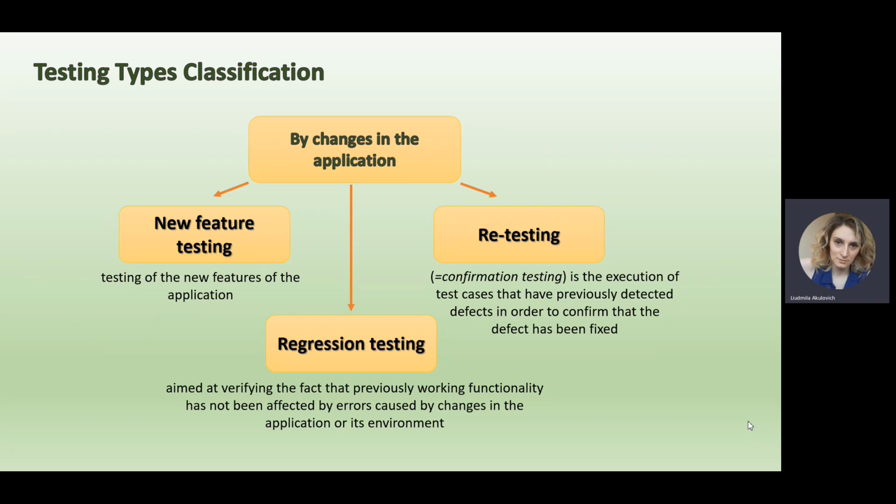In the case of retesting, again, it's just a small piece, like one test case, that should be passed one more time. In the case of regression, you should identify the area that can be affected by new changes and recheck this area as a whole, to prove that previously working functionality continues working.